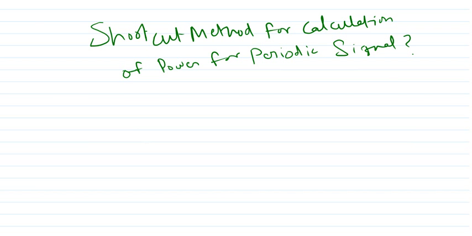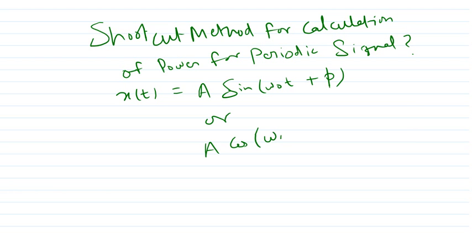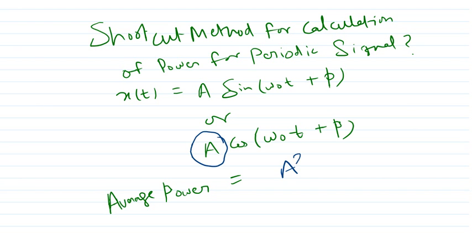The shortcut method is that if we have x(t) equals a sine omega naught t plus phi, or a cos omega naught t plus phi, then what is the average power? Just see the amplitude, square that amplitude and divide by 2. So this is the power.